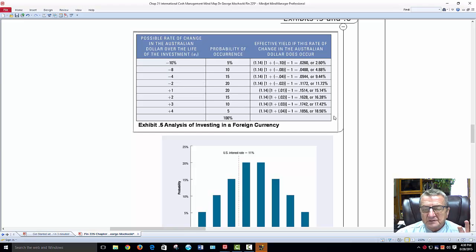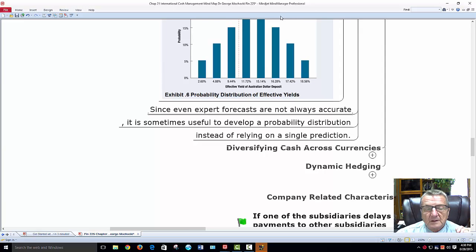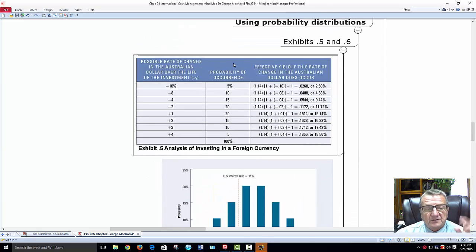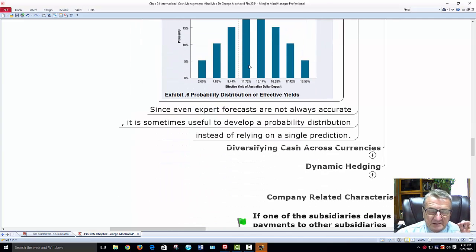This one is very low, 18%. This is the effective yield if this rate of change in the Australian dollar does occur, and here's the probability. U.S. interest rates are 11%. So here's the probability distribution of effective yields, again looking at the Australian dollar. Again, stop it, look at it, and refresh your mind.